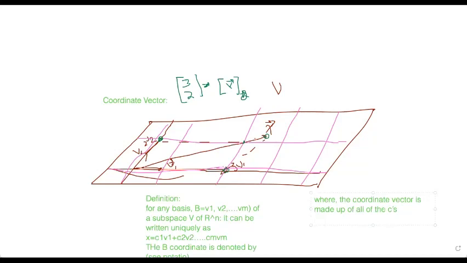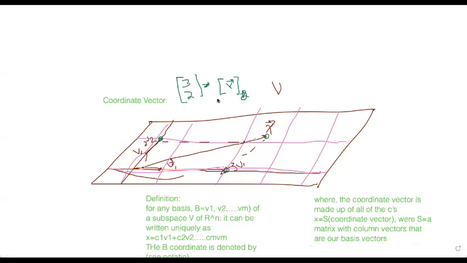Finally, we can say that x is equal to S times the coordinate vector, where S equals a matrix with column vectors that are our basis.